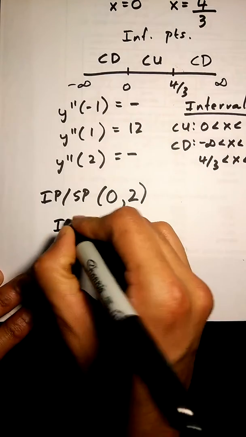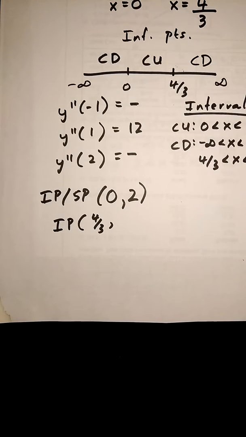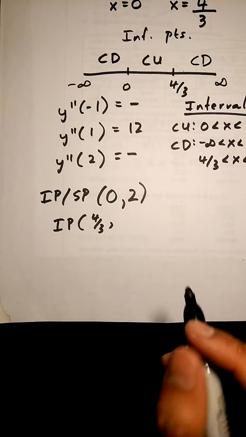Then I know I just have a plain inflection point at 4/3, and I sub this into my original equation. You get 11.5.